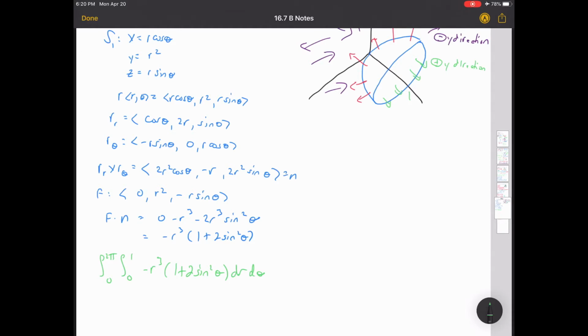All right, so we can separate this. So we're going to have the integral from 0 to 2 pi of 1 plus 2 sine squared theta d theta times the integral from 0 to 1 of negative r cubed dr. Unfortunately, the theta part is not just going to be 2 pi in this case. We actually have something we have to integrate.